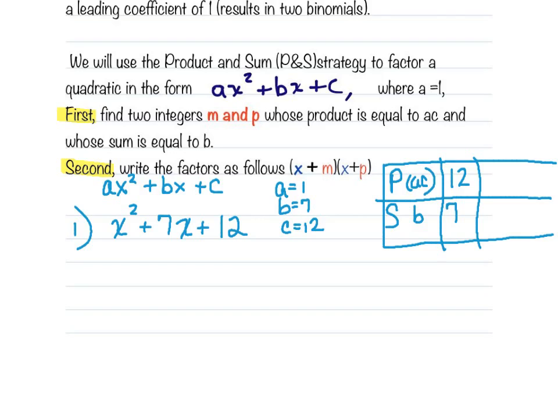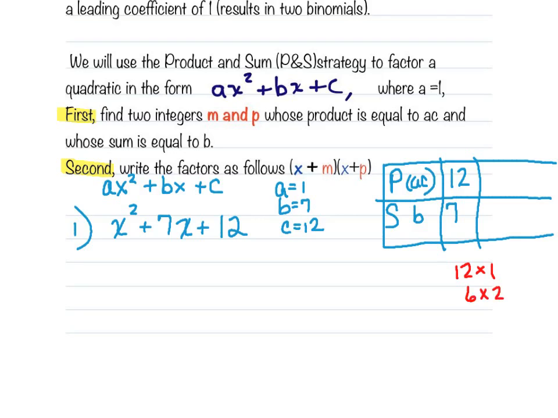So perhaps you already know what the two numbers are, but just indulge me as I go through the process of guessing and testing what the two integers would be. Okay, the two integers might be 12 times 1. But we know that 12 plus 1 doesn't give us 7. So the next two integers that I can think of are 6 times 2.